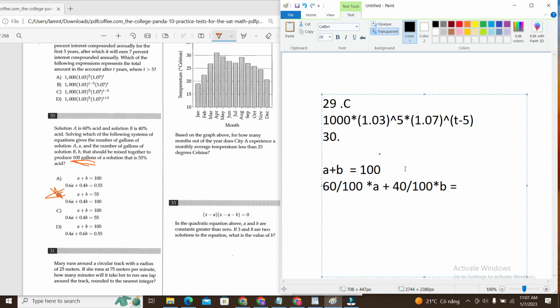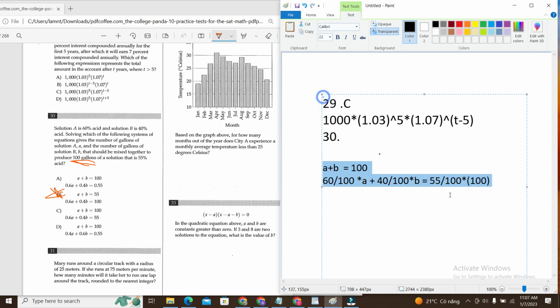It's 55% acid. The total volume of the new solution is 100 gallons, because we are talking about 100 gallons. So this is the system of equations we need: A plus B is equal to 100, and 0.6A plus 0.4B equals 55.